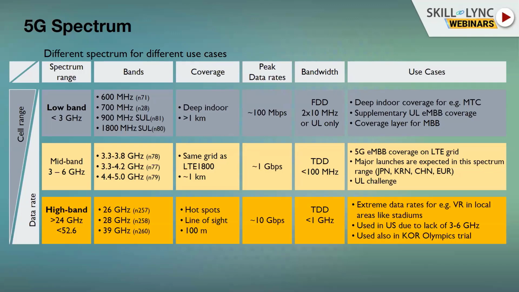However, higher frequencies are also associated with higher radio channel attenuation, so limiting the network coverage. So when going to the millimeter waves beyond 20 gigahertz, from 25 to 52 gigahertz, there will be channel attenuation limiting the network coverage.